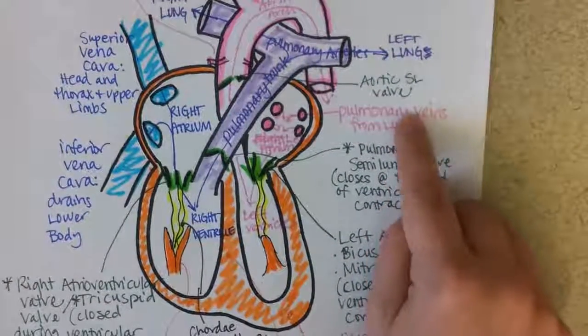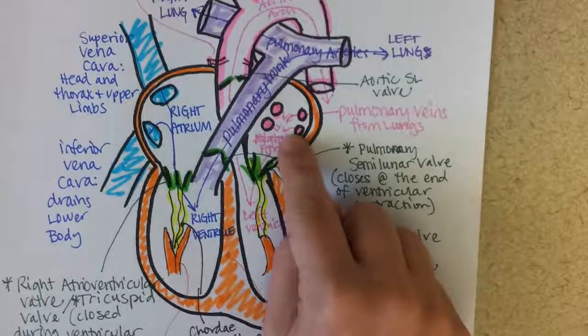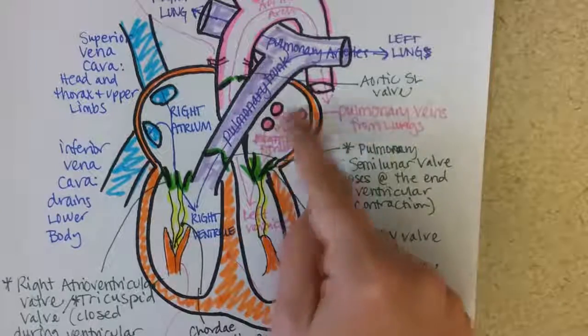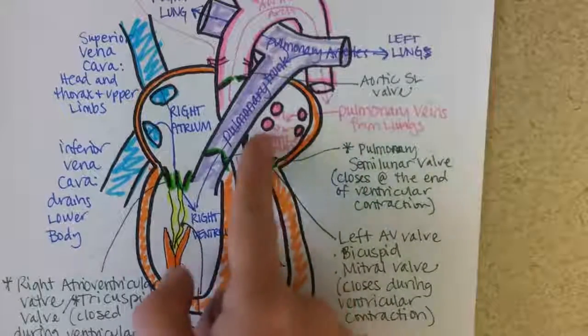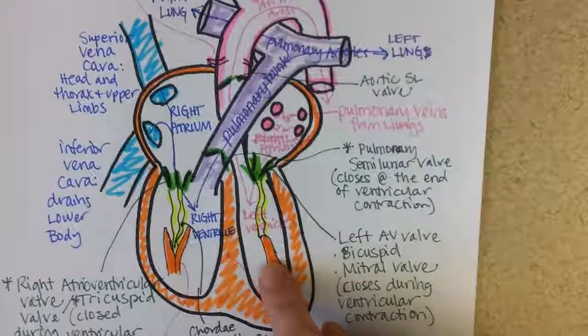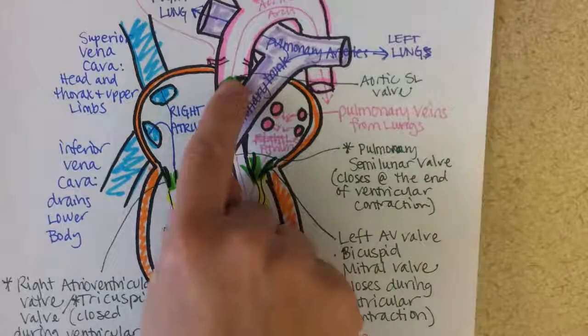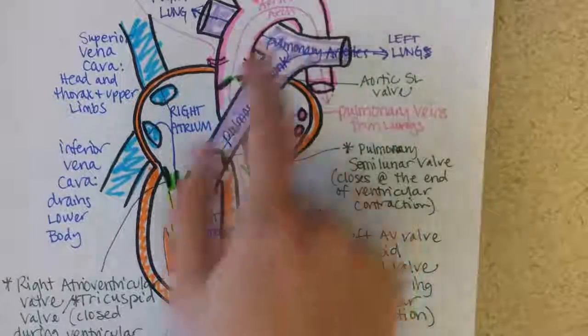Oxygenated blood returns to the left side of the heart via pulmonary veins. That oxygenated blood passes down through the left atrium down into the left ventricle. When the left ventricle pumps, it presses blood up and out through the aortic semilunar valve and out the aorta.